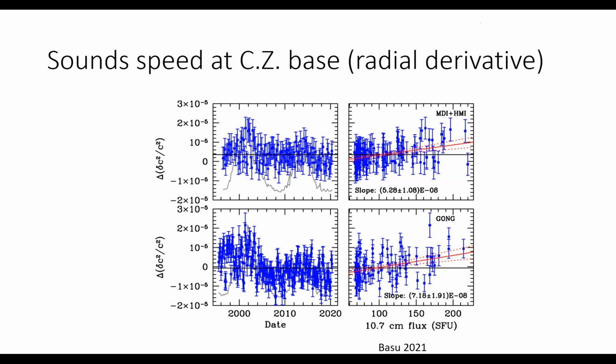On the left, it's just plotted as a function of time, and it's not easy to pick out any solar cycle related change there, but there is a very small trend that seems to depend on surface activity. So the evidence is there that there may be changes, but they are very, very small and very difficult to tease out of the signal to noise.